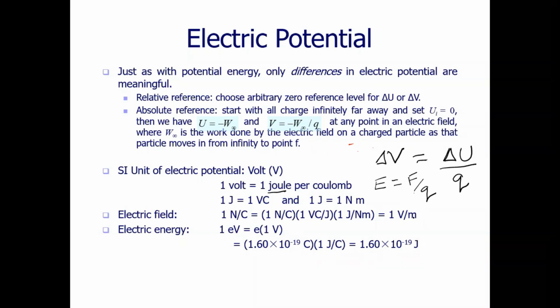Okay, we want to show that the electric field is measured in Newton per coulomb. Are we all okay with it? It's measured in Newton per coulomb because of this equation. Now, the same electric field could also be measured in volts per meter.